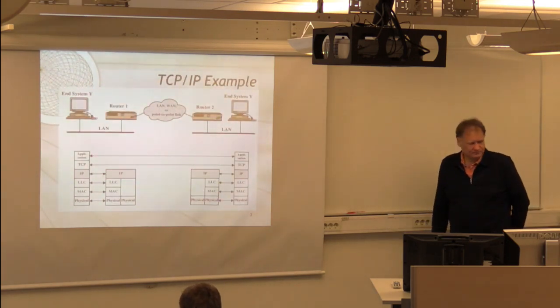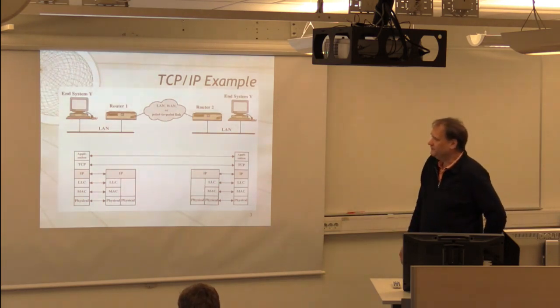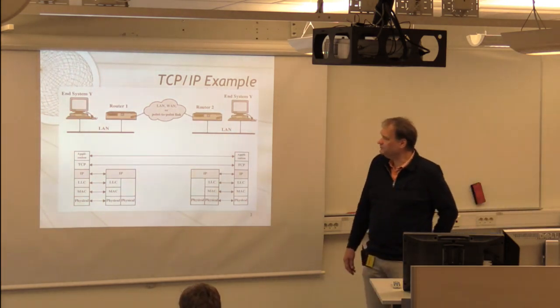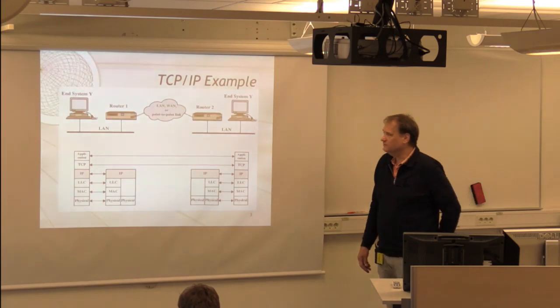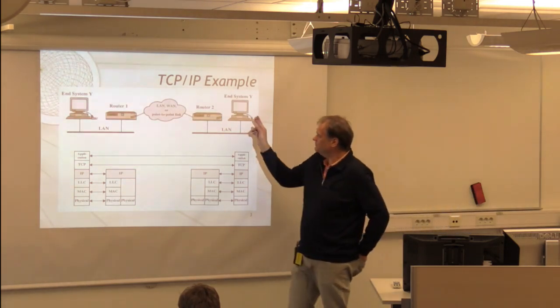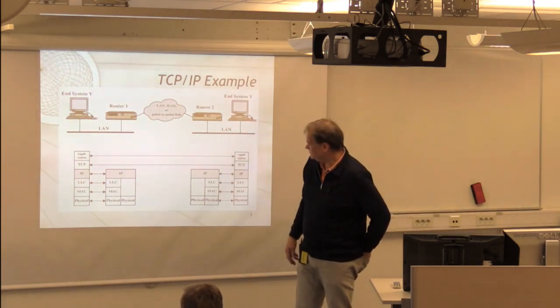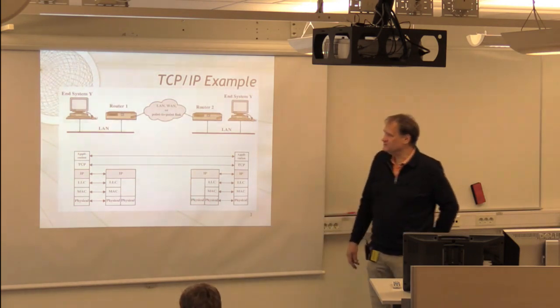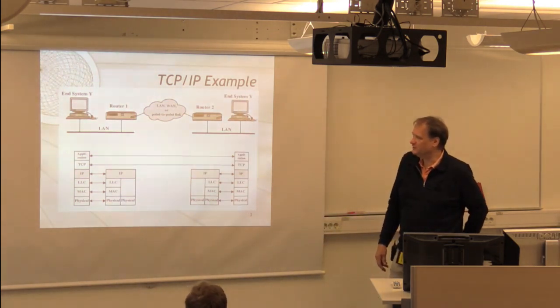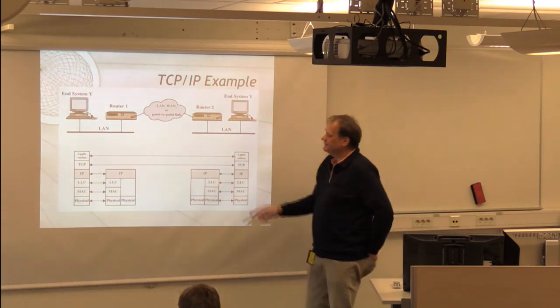So here we are. We have two computers here. They are connected on a LAN end system. Y should be X and Y, I guess, but yeah. Two different end systems. They both have routers that connect them through an internet.